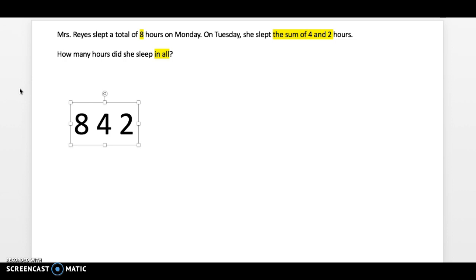In all tells me that the operation I will be using is addition. And since I have 3 numbers here, we're going to start with 8 and 4, and we're going to add that together. Also in our problem, we see the sum of 4 and 2. The sum of 4 and 2 tells me that I'm going to be adding this together, so I'm going to add these together as well.